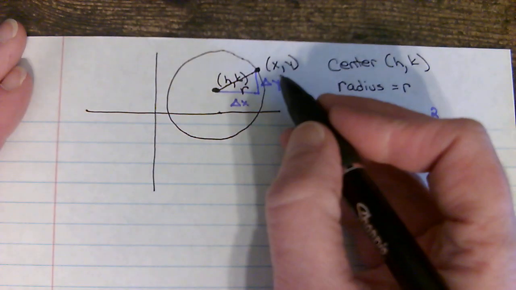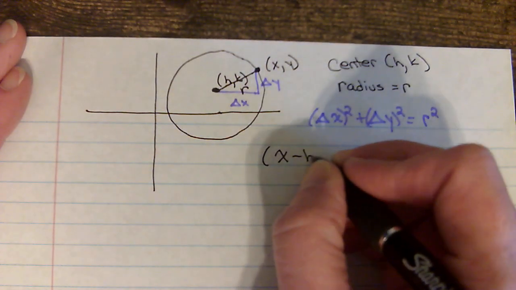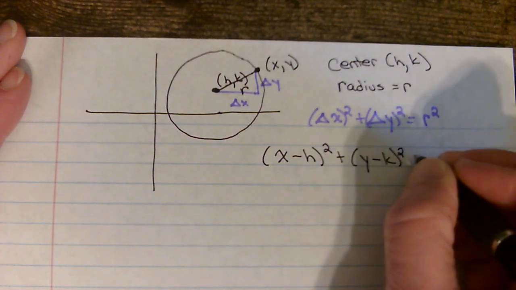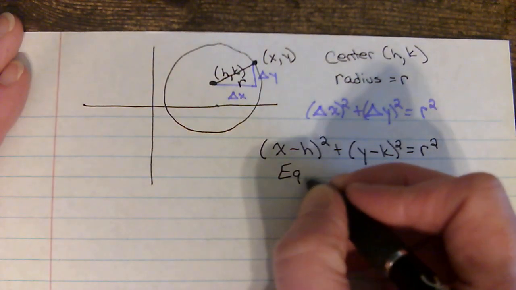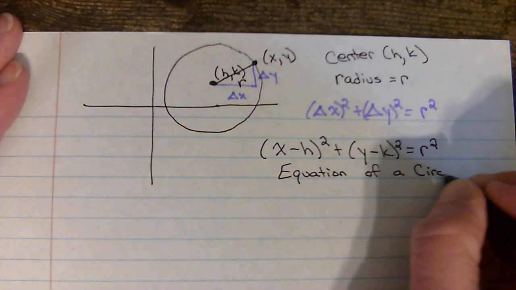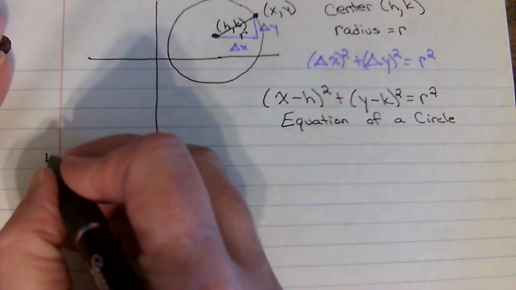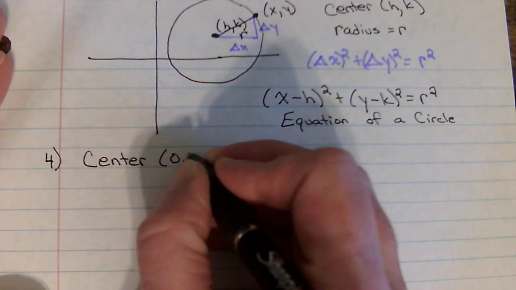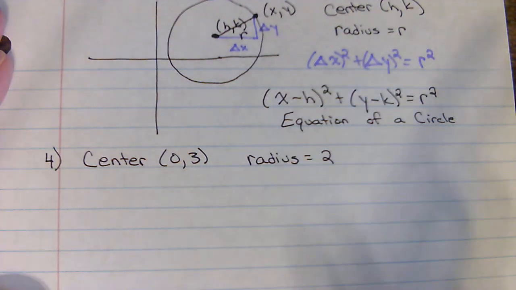Well, in our case, the difference in the x's is x minus h. The difference in the y's is y minus k, and the radius is r squared. This is the equation of a circle. Say the center is (0, 3) and the radius is 2.